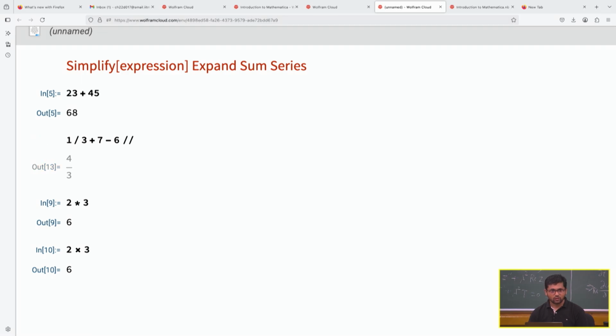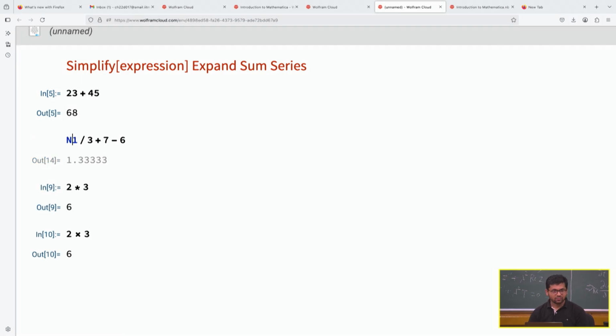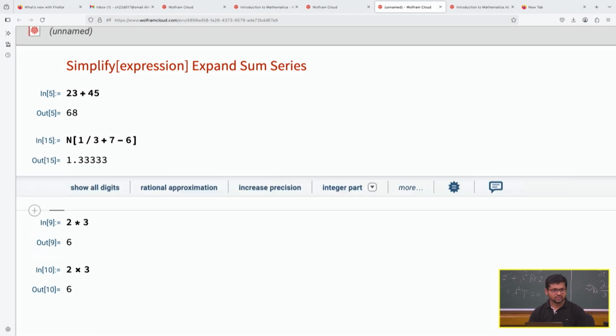You press double forward slash and then capital N. Or you can try another way: you put capital N in front of that input and then a square bracket, then you close the square bracket, and then you press shift enter. That will also work in the same way.